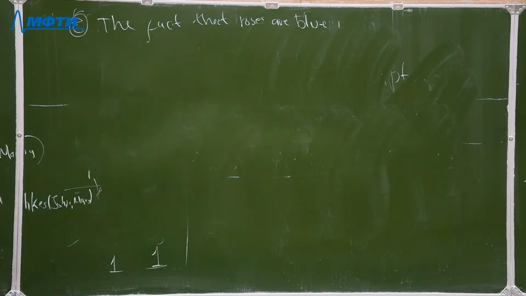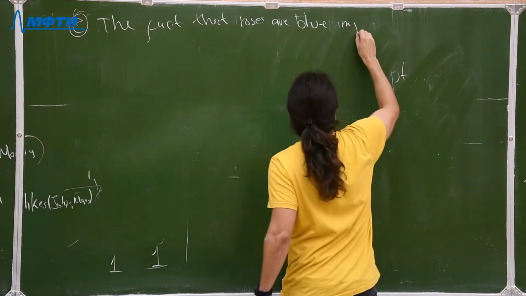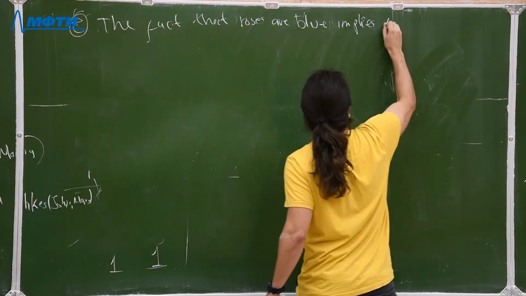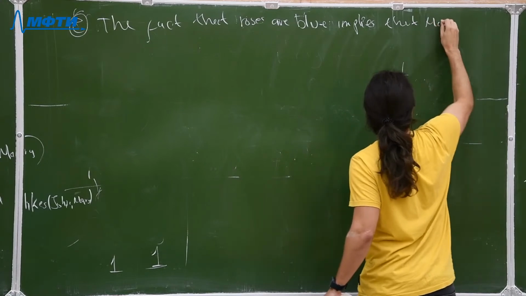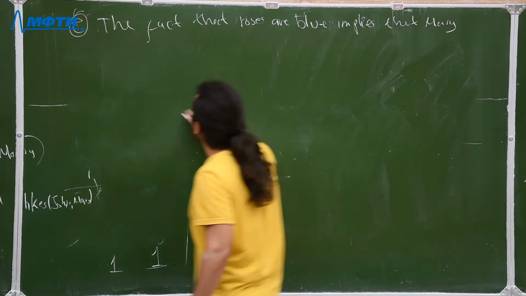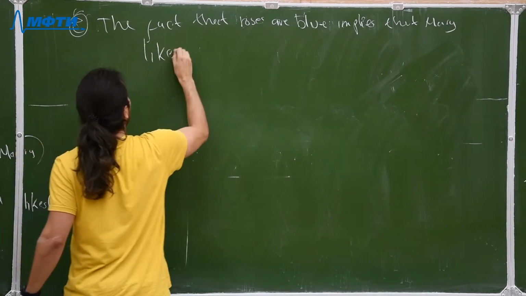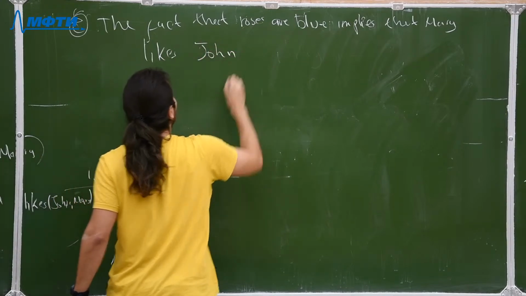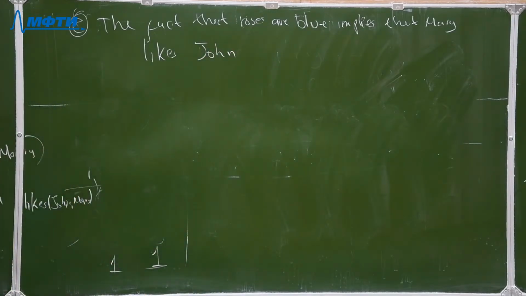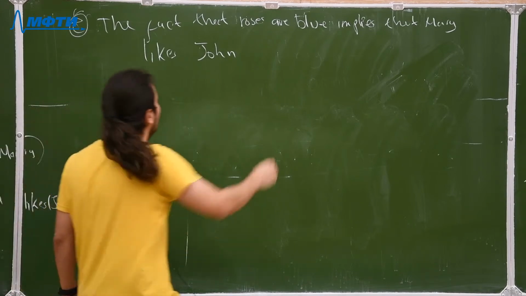Implies that Mary likes John only if John likes violets.